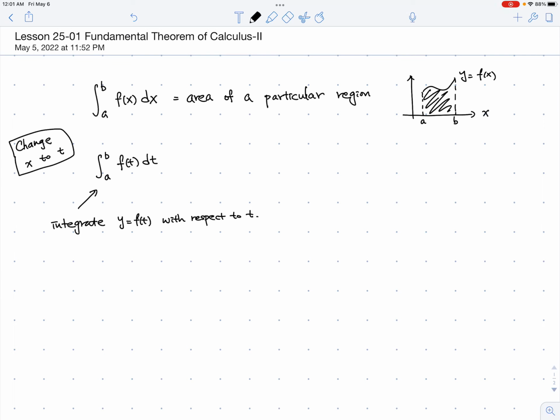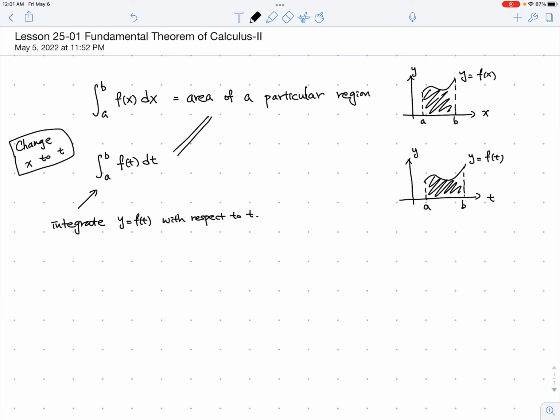I would have the coordinate system with the t-axis and the y-axis, and everything else is the same. T equal to a, t equal to b, this is the curve y equal to f of t. So you get the same region, hence the same area.